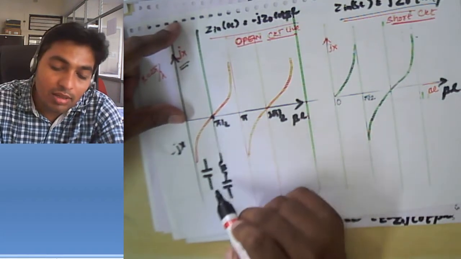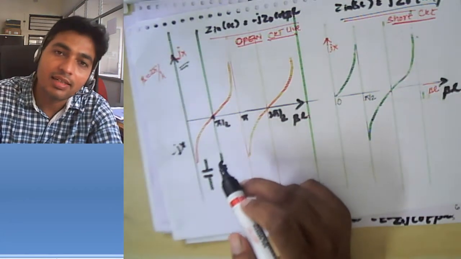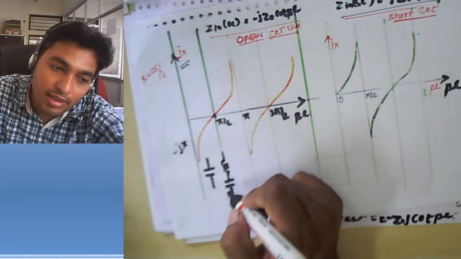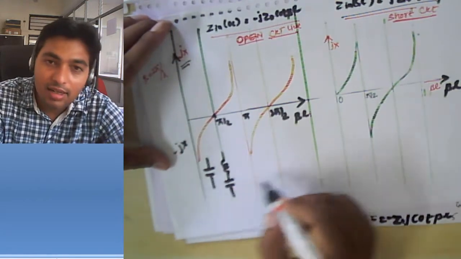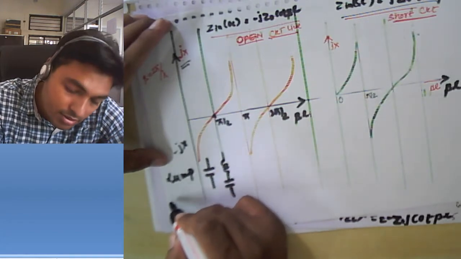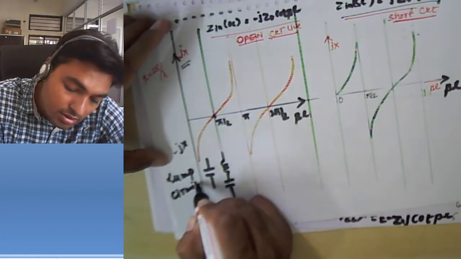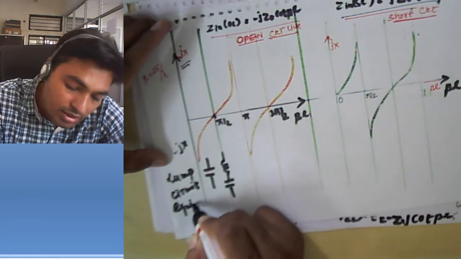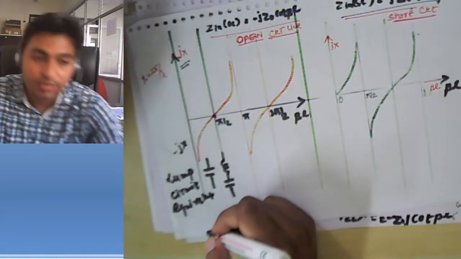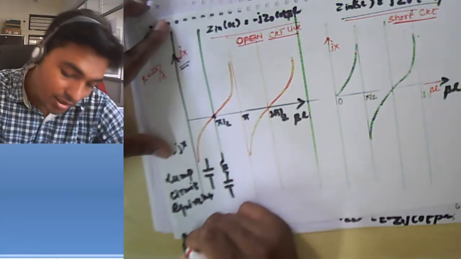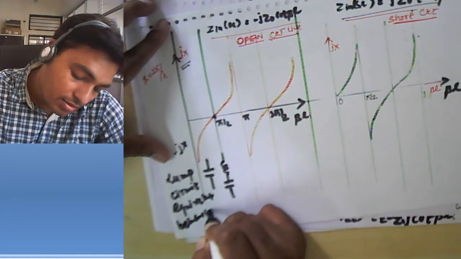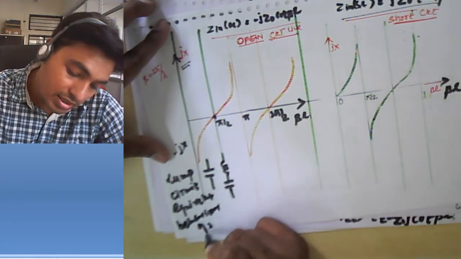So this will behave equivalently as a series LC connection. These are the lumped circuit equivalent behavior of the transmission line.